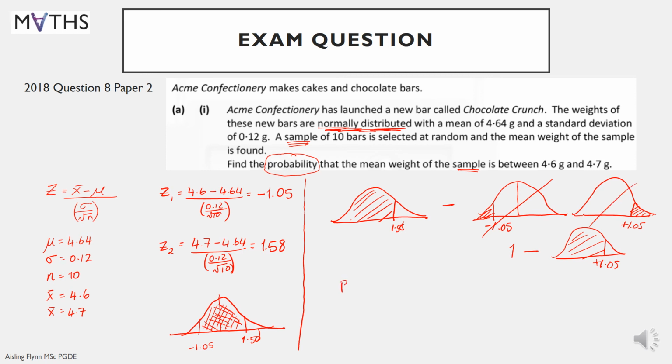Okay, so we're going to go for the probability that z is less than or equal to 1.58, minus 1 minus the probability that the z-score is less than or equal to 1.05. Okay, so keep those two figures in your head, 1.58 and 1.05, and we'll go to our z tables.